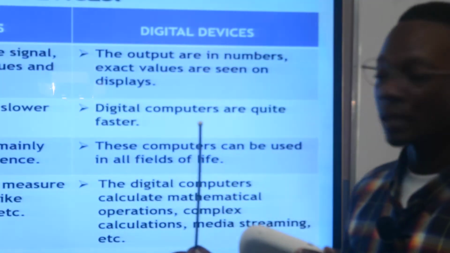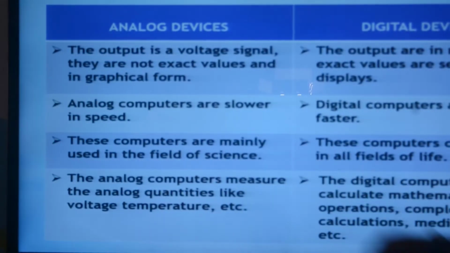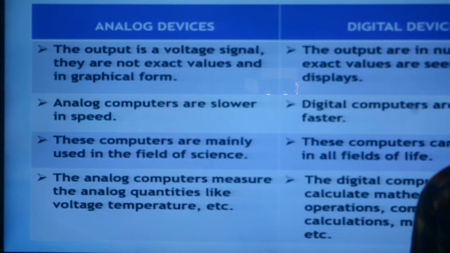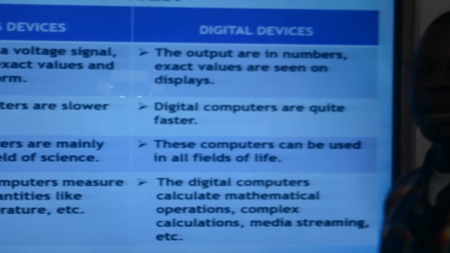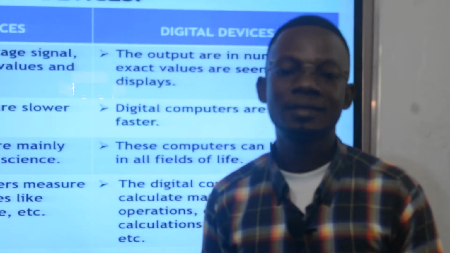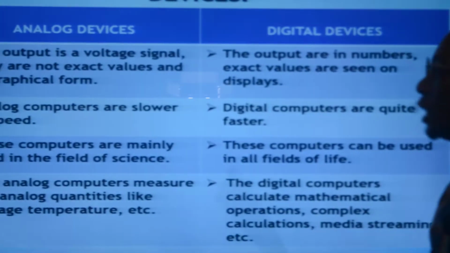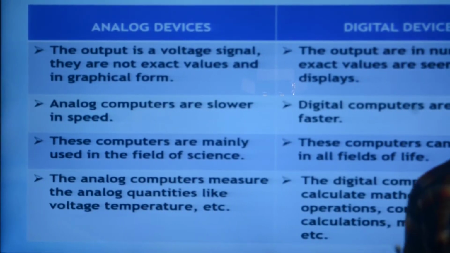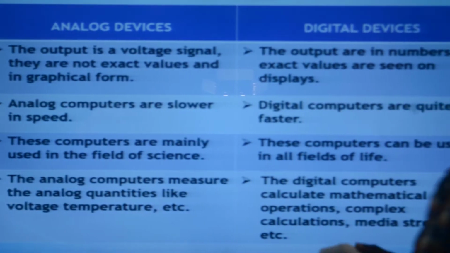The next one is analog computers are slower in speed. They are very slow. But digital computers are quite faster. Analog computers are mainly used in the field of science, but the digital ones can be used in all fields.